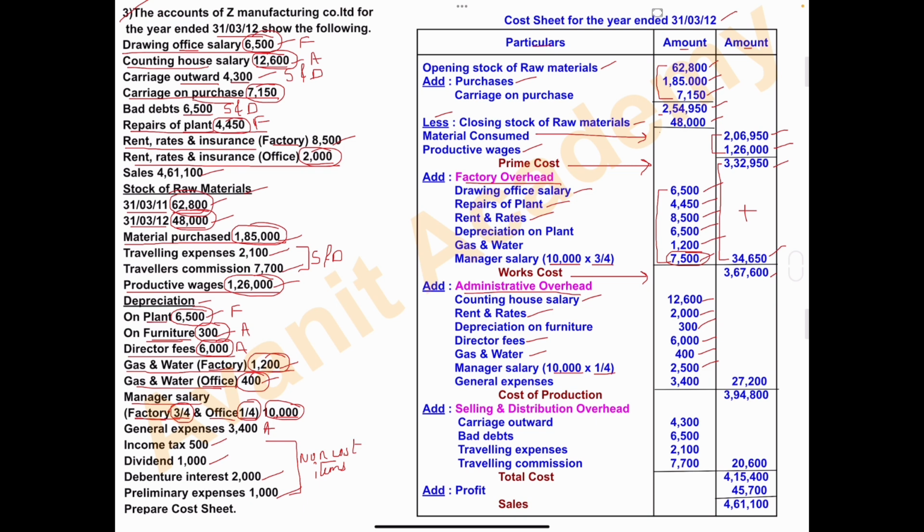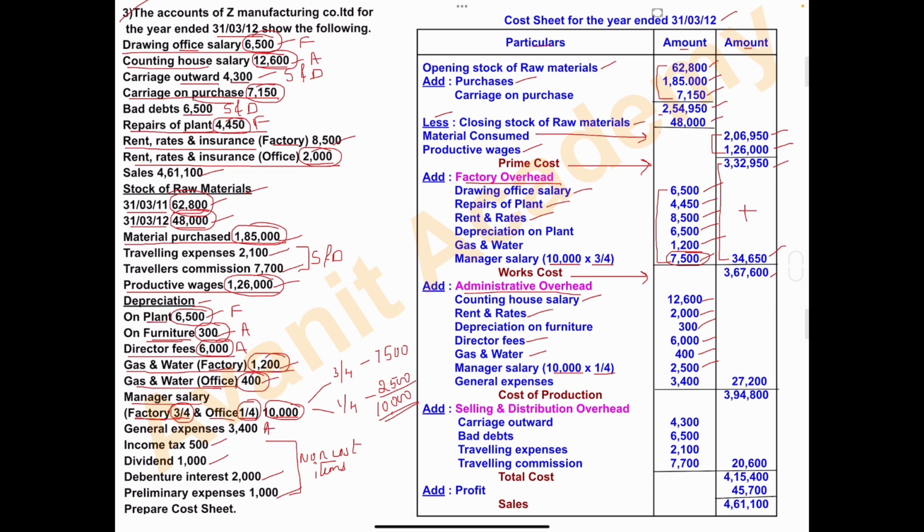How much have we taken in the factory? Three-fourths, which is 7,500. Yes, we have already taken 7,500 in factory overhead. So one-fourth we have to take in the office. So one-fourth of 10,000 will be 2,500. So what is the total? 7,500 plus 2,500 total is 10,000, correct. Three-fourths of 10,000 is 7,500, which we have taken under factory.